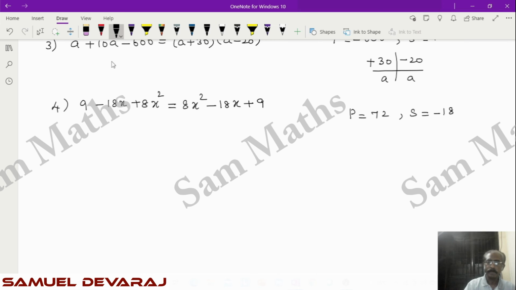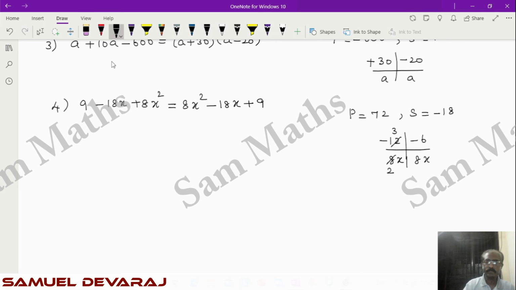Now just think. So the possible numbers are minus 12 and minus 6. You add these two, you are getting minus 18, and the product 12 6s are 72. First term is 8x square, so you divide by 8x. You can cancel this, it becomes 2 times and 3 times.